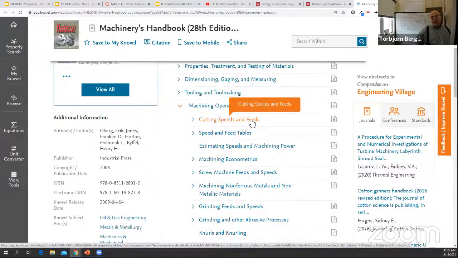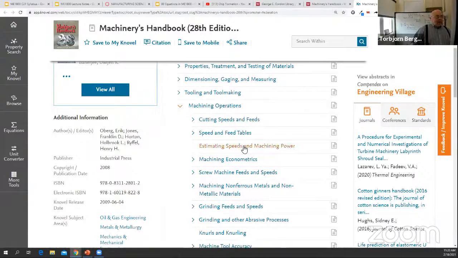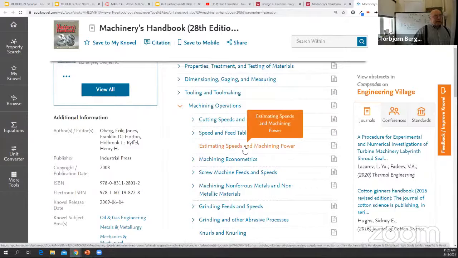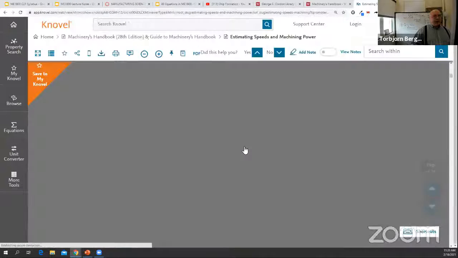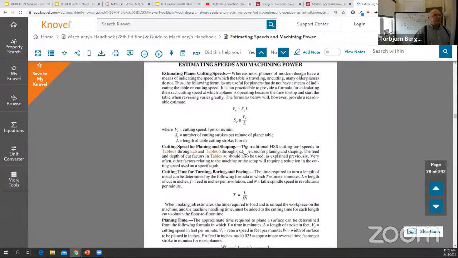There are some reference tables here that we're not going to use in this class, and the feeds and speeds part of it, because you did the feeds and speeds part of your lab exercise where you saw how to look up the feeds and speeds for the tools that we use here on campus. But estimating speeds and machining power. This looks pretty good.